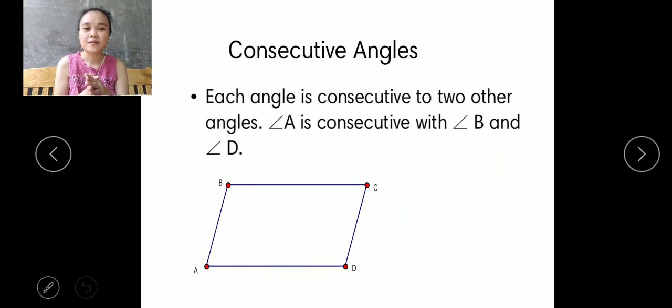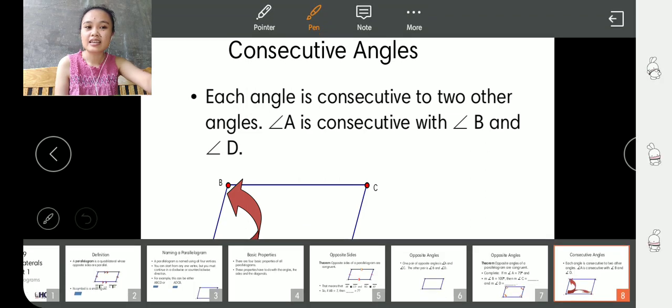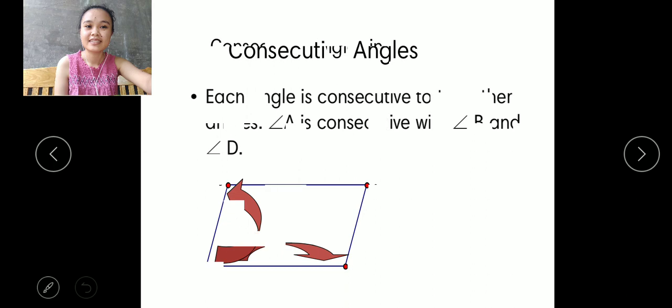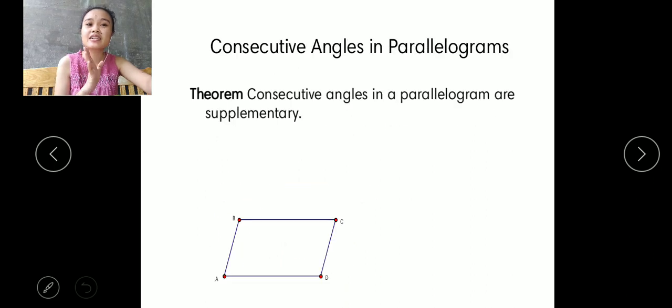Consecutive angles. Each angle is consecutive to 2 other angles. So angle A is consecutive with angle B and angle D. Consecutive angles theorem: consecutive angles in a parallelogram are supplementary.